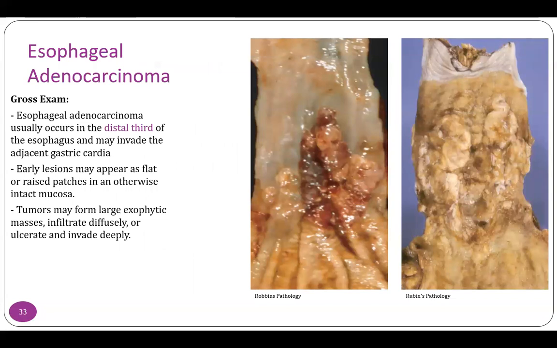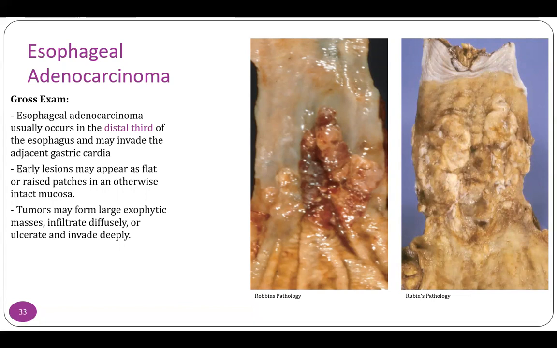The gross exam for adenocarcinoma: lower third of the esophagus, mass lesion, polypoid, ulcerated. The gross is actually not difficult. The location helps, but the gross appearance, mass lesion, solid, variable, ulcerated, whatever, is not diagnostic.